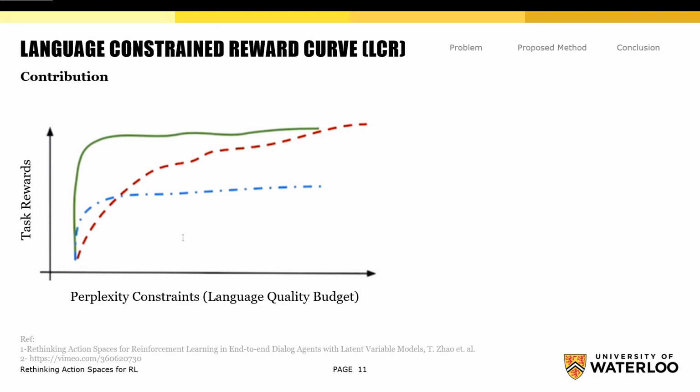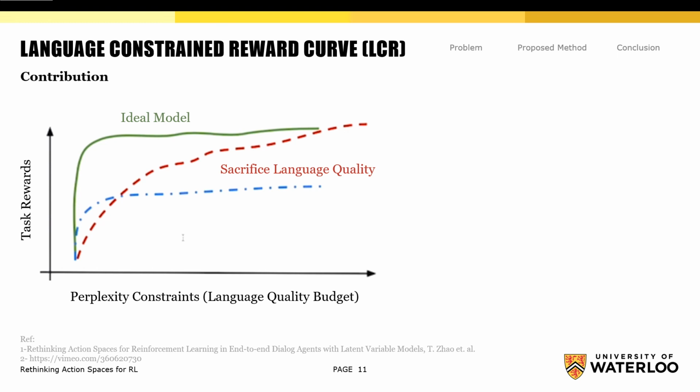As you might guess, the green curve is our ideal model, because it both maximizes the rewards and has the best language quality. The red one sacrifices language quality, but it can achieve a very good reward. That's not an ideal case, because we want a reinforcement learning method that both keeps the reward as high as possible and respects human language, not one that models very odd languages that we can't understand.